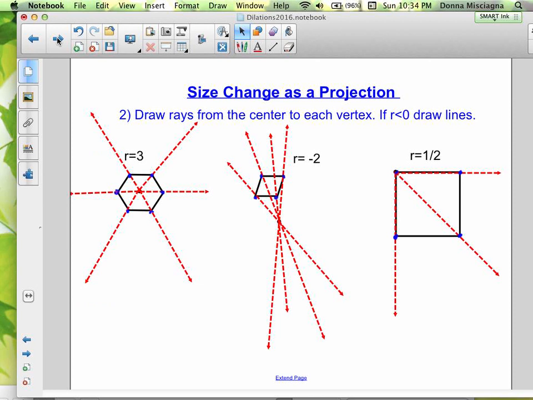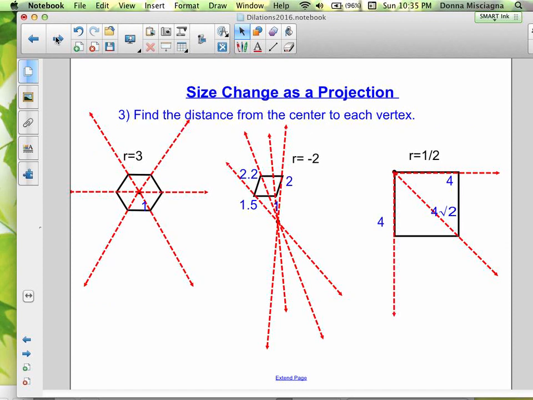Now if we're on a coordinate plane, we'll have to measure. But here it's all measured for us. My page didn't change. There we go. All right, so we had to measure.